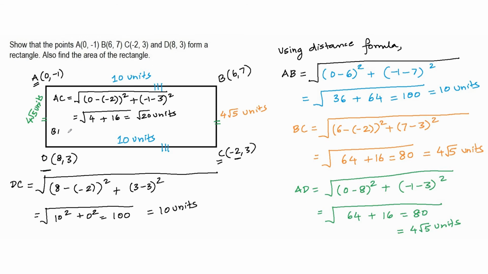Similarly, the length BD is going to be equal to under root of, the difference in their x coordinates is 8 minus 6 the whole square plus 3 minus 7 the whole square, and that is going to be under root of 2 square is 4 and negative 4 square is 16. So that's going to be root 20 units.